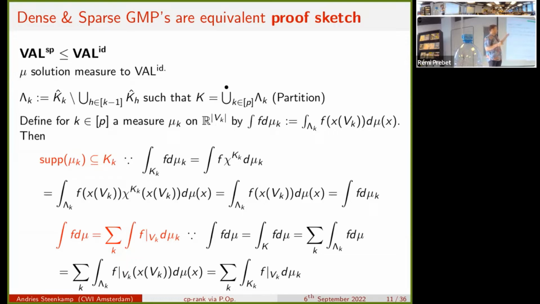We convert our covering of K into a partition of K simply by disjointification of the cover.